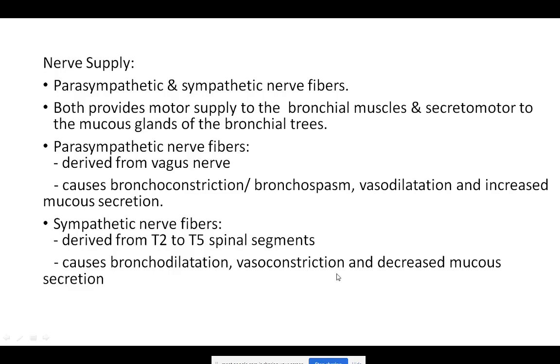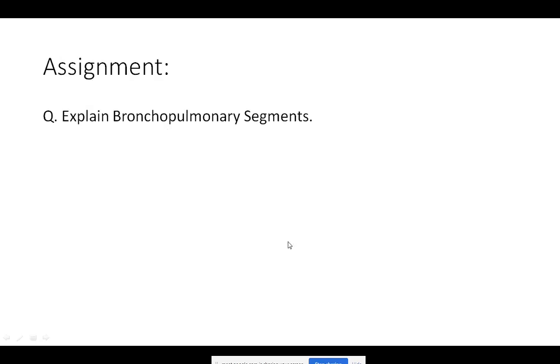Both of these supply the respiratory system. The parasympathetic nerve is derived from the vagus nerve, whereas the sympathetic nerve is derived from the spinal segments.